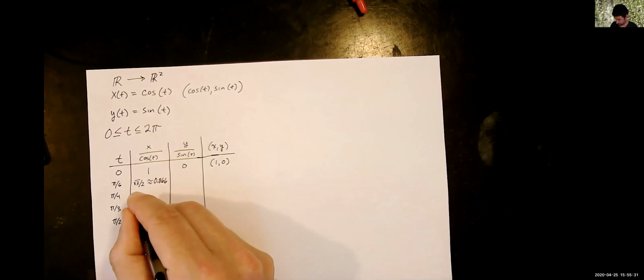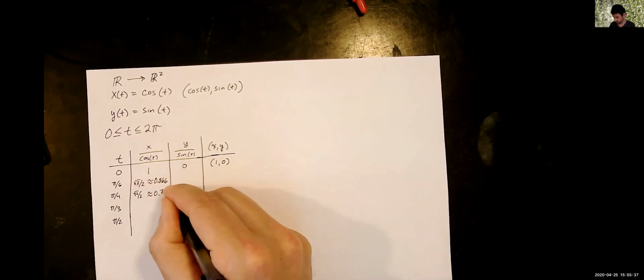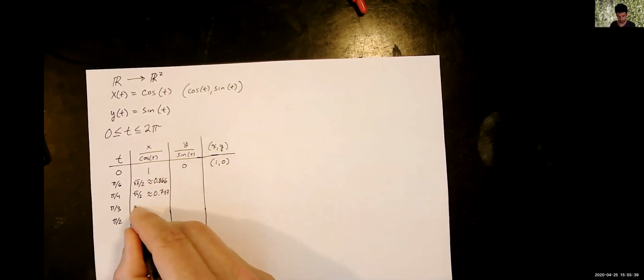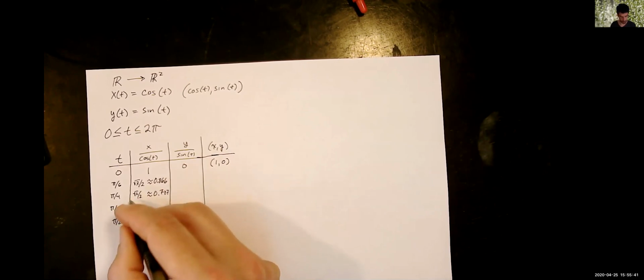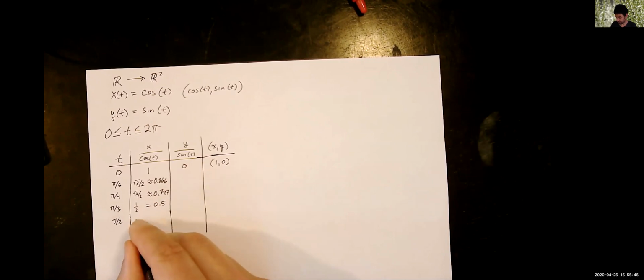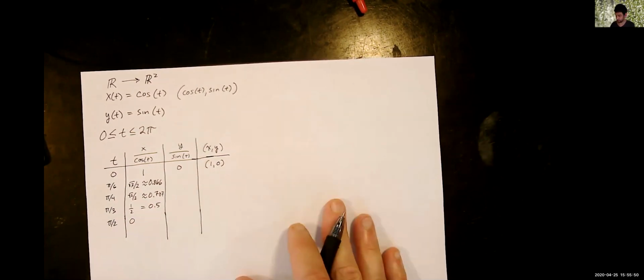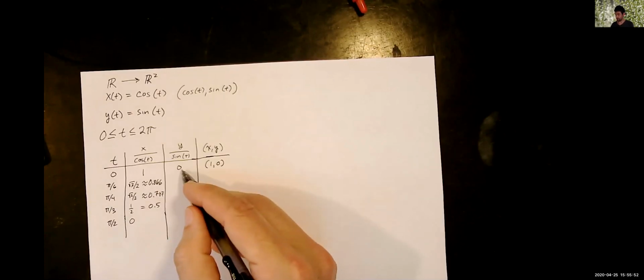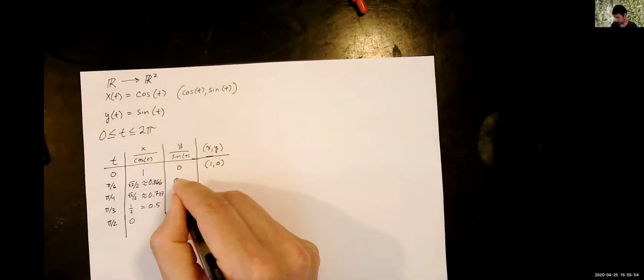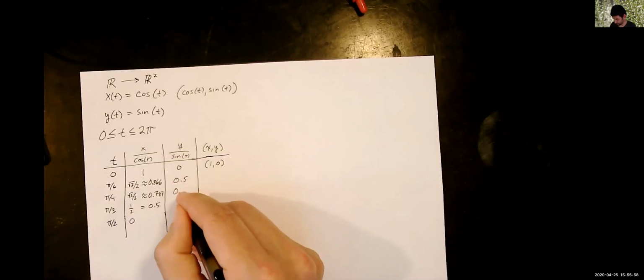Pi over 4 gives us root 2 over 2, which is approximately 0.707. Pi over 3 gives me 1/2, or 0.5, and then pi over 2 is 0, which is already a decimal approximation. And if you remember your trig, these will just be the same values in reverse order.